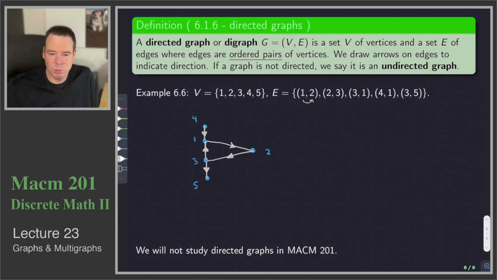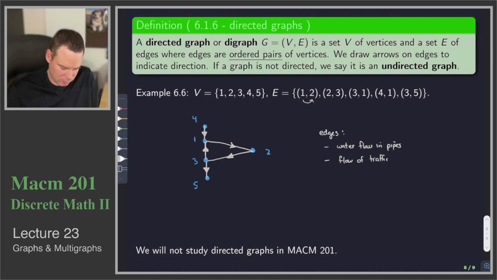Now, what would be a reason we would want to consider directed graphs? Well, for example, we could have a physical interpretation. The edges represent water flow in pipes, or flow of traffic on a street or a road.